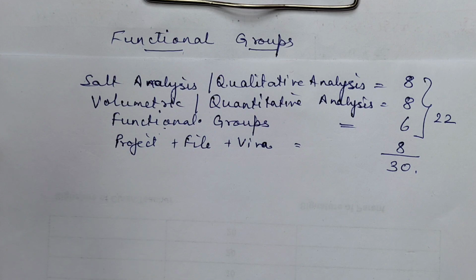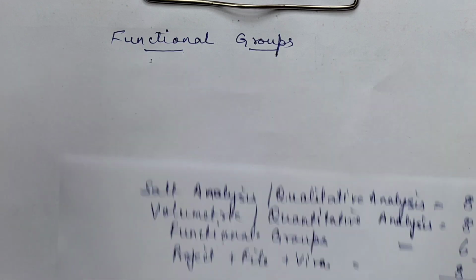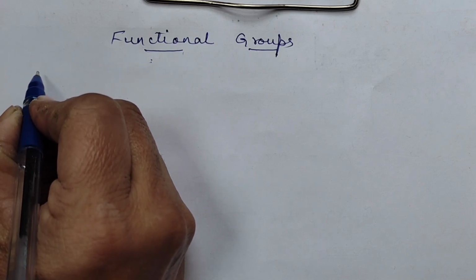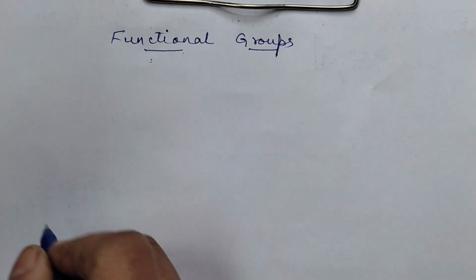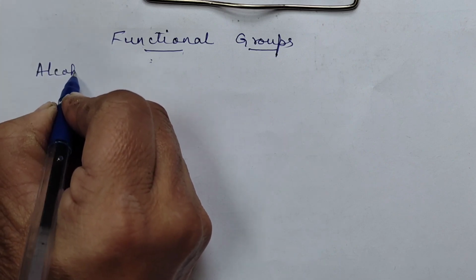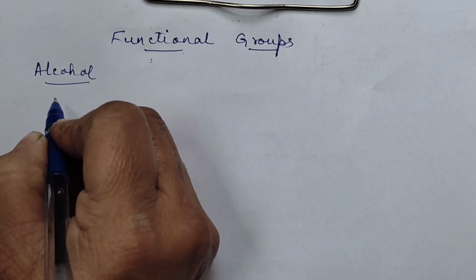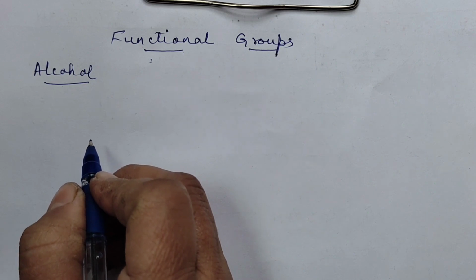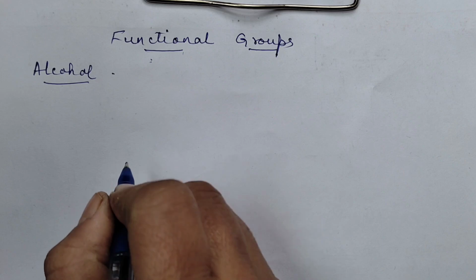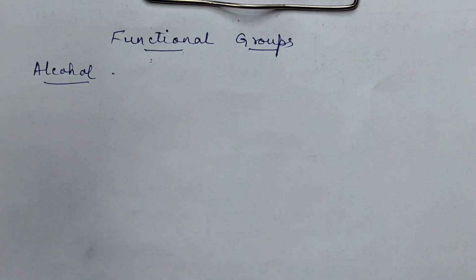So now let's start with the functional group. When you are given a functional group, you are going to follow a particular sequence. The first functional group which you are going to try for is alcohol. You will try for the alcohol functional group first. So what is the test for alcohol? I'm telling you the confirmatory test.